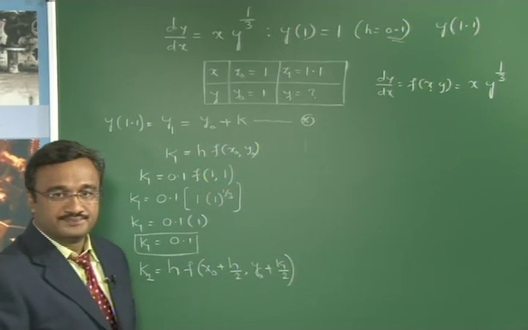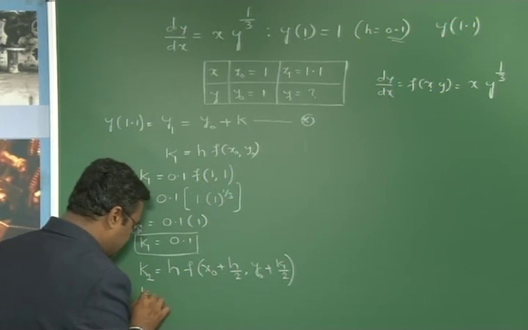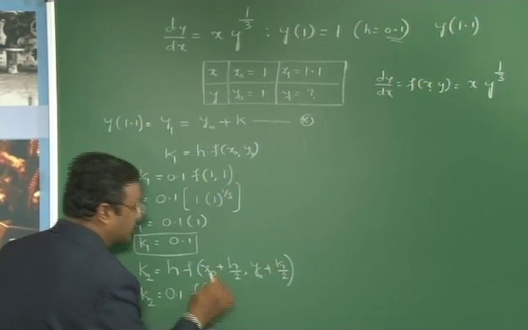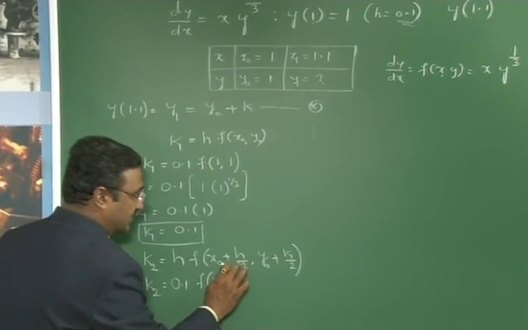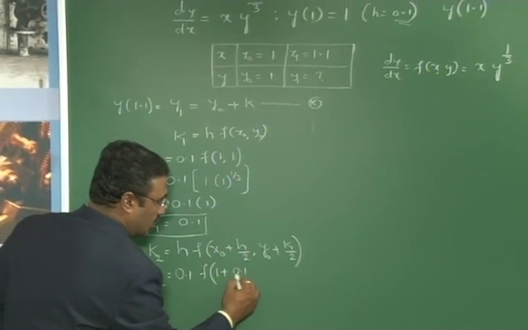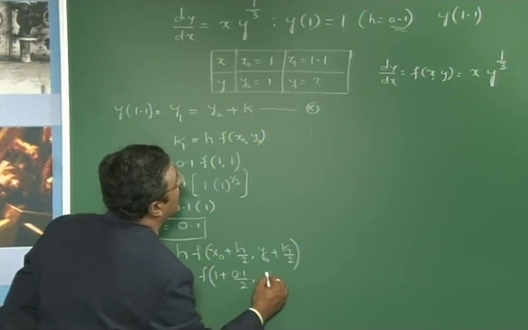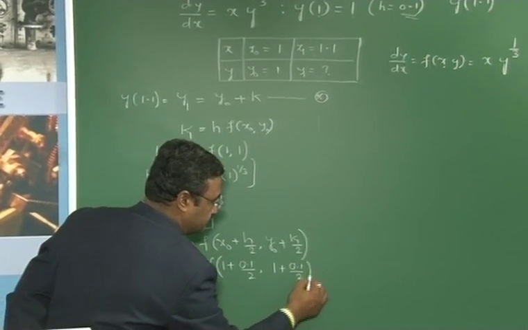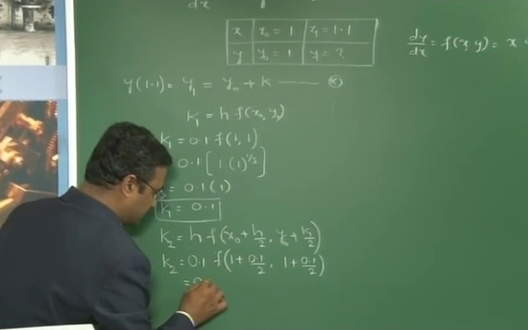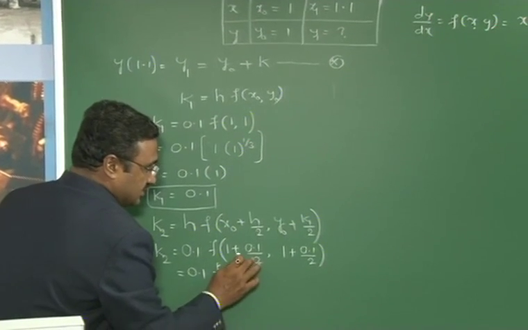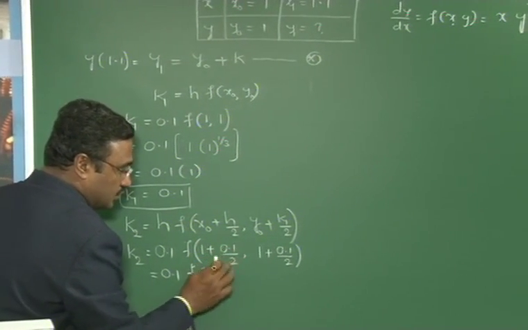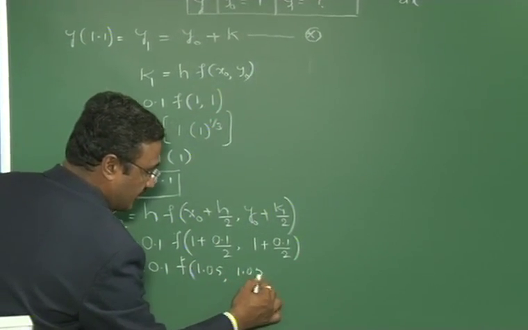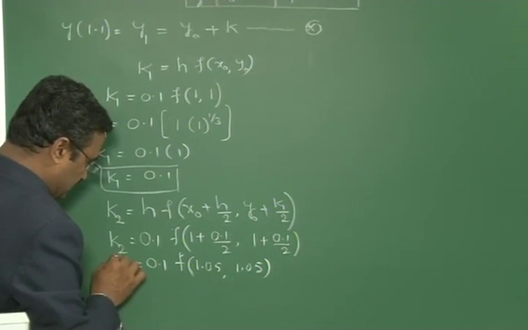Here h is 0.1, and x naught is 1 plus h by 2, that is 0.1 by 2, comma, y naught 1 plus k1, 0.1 by 2. Further simplification, 0.1 by 2 is 0.05, so we have 1.05 comma 1.05.